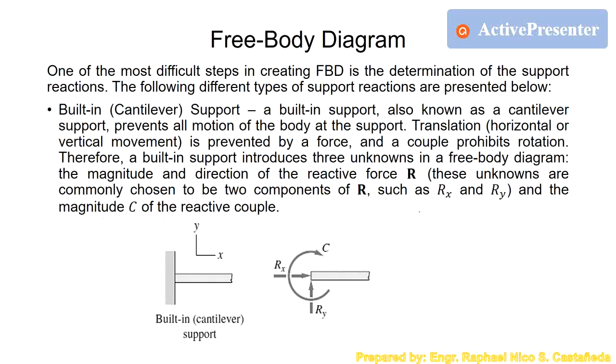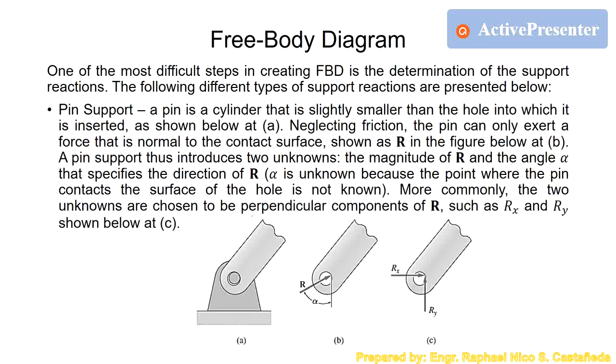Next one, the last one, is the cantilever support. So, cantilever support or fixed support is a built-in support which prevents all kinds of motion. It prevents translation and rotation. So, in pin reactions, there is no couple reaction because you can rotate this. We can rotate this body along the pin.